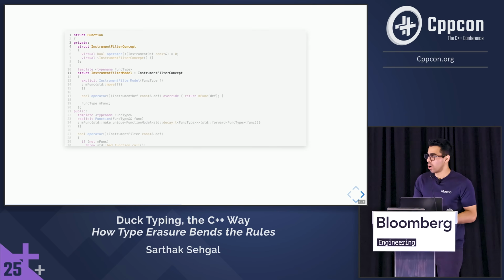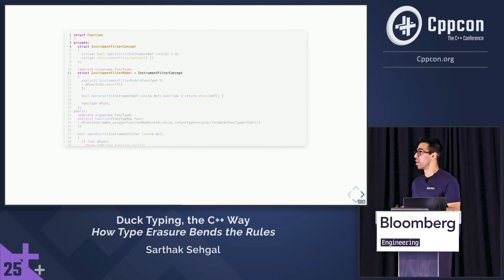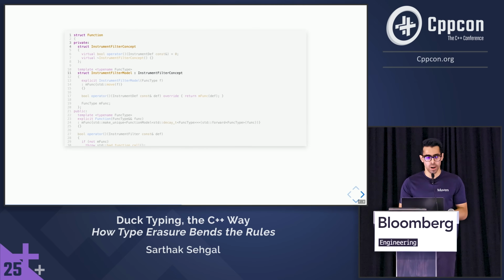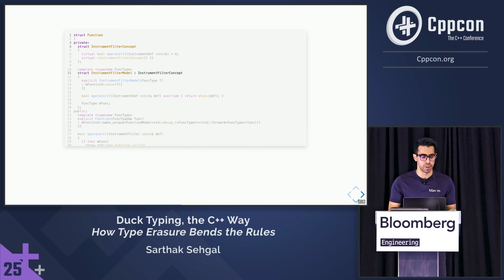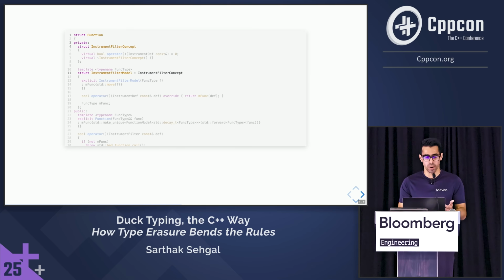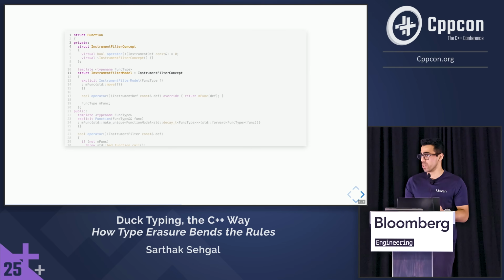Now, all I have here is a new class, struct function. Note that it's not templated, and I just moved the instrument filter concept, which was the base class before, and the instrument filter model, which was inheriting from this base class. I just moved those to be inner classes.